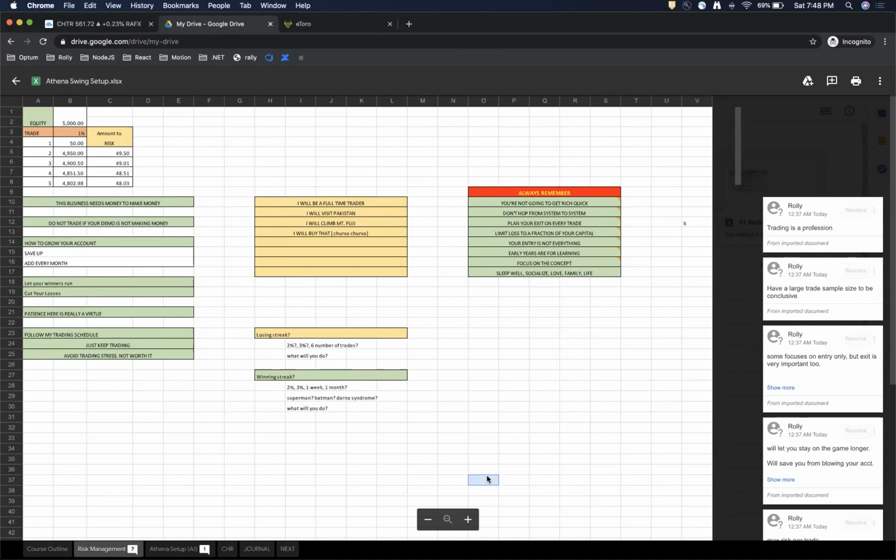Mas makilatis, and then mas hindi nyo pinapairal yung ego, which is that's most men traders. Yung mistakes namin is laging ego, lalo na pag nag-uumpisa pa lang. To be honest, my ego when I started trading was very high.